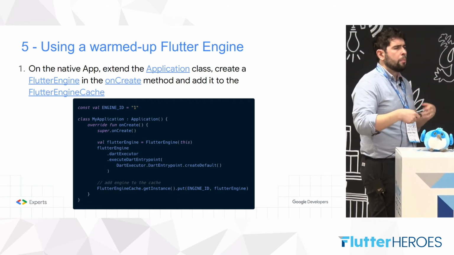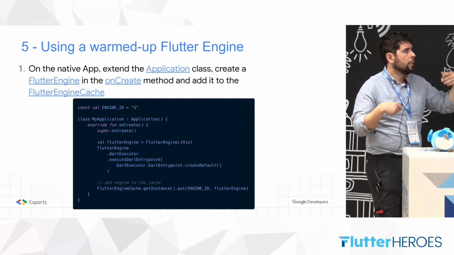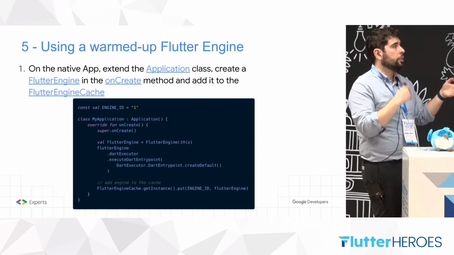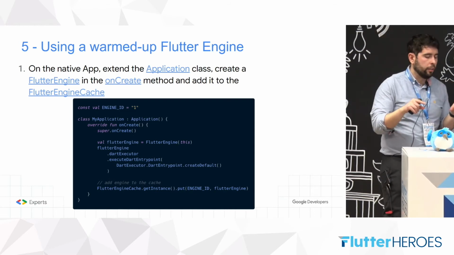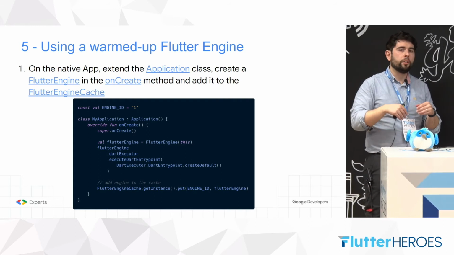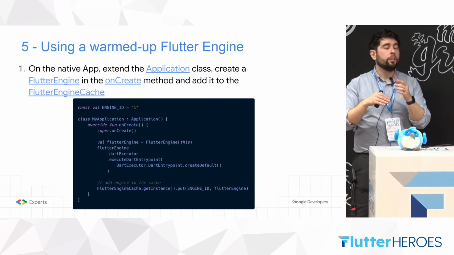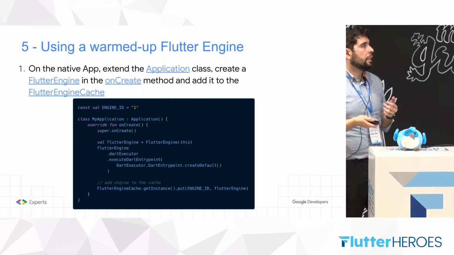And again, if we want to do everything by default, as you see, I'm using just default functions. And finally, I put it in a cache. So in a very succinct way, what we have here is I'm creating a new Flutter engine and I'm putting it in the cache so that in the future I can use it.